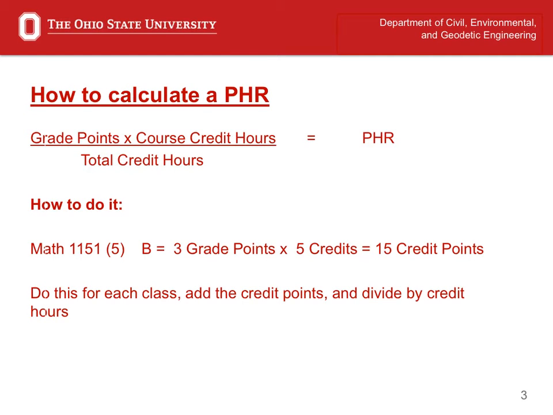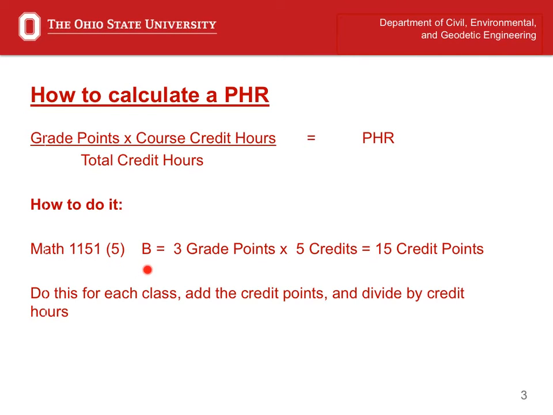How would you calculate your PHR? Well, you take the grade points for a given class, multiply those by the credit hours for a class, then divide that by the total credit hours for a semester, and that is your point-hour ratio. So for example, if you are in Math 1151, there are 5 credit hours associated with that class.